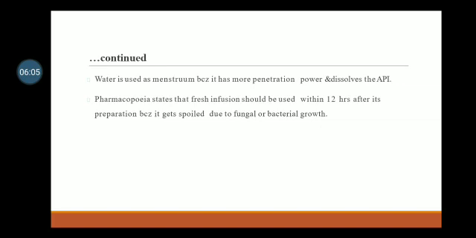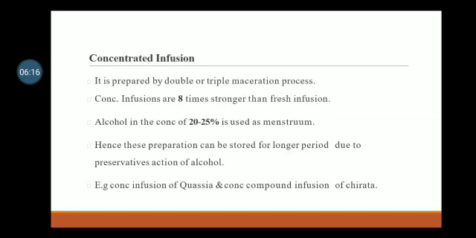Pharmacopoeia states that fresh infusion should be used within 12 hours after its preparation because it gets spoiled due to fungal or bacterial growth. And concentrated infusion: it is prepared by double or triple maceration process.